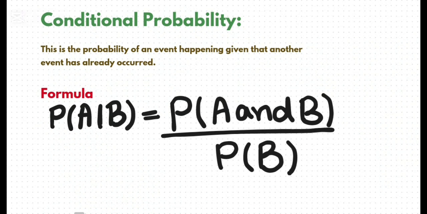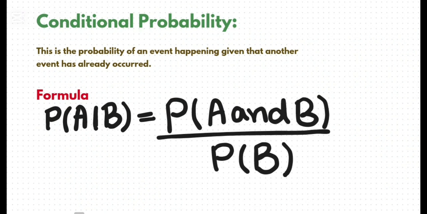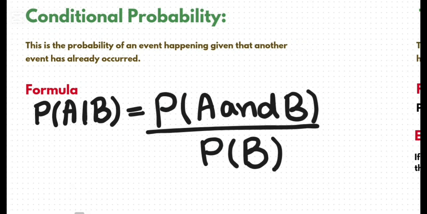The formula is: probability of A given B is equal to probability of A and B divided by probability of B. Where P of A given B is the probability of A happening given that B has already happened. I will give you the example in the MCQs because this contains long steps. So just memorize this formula.